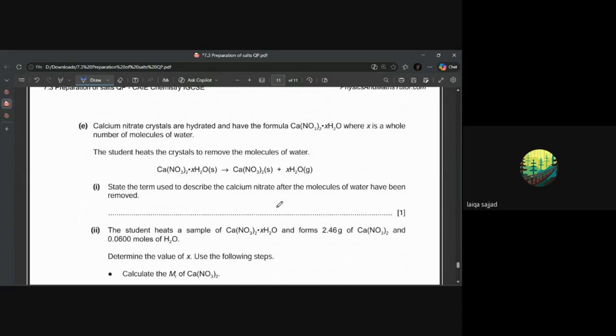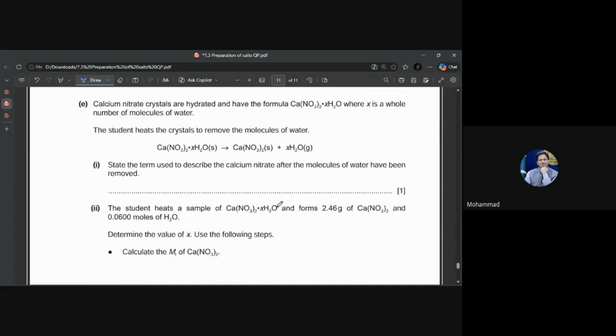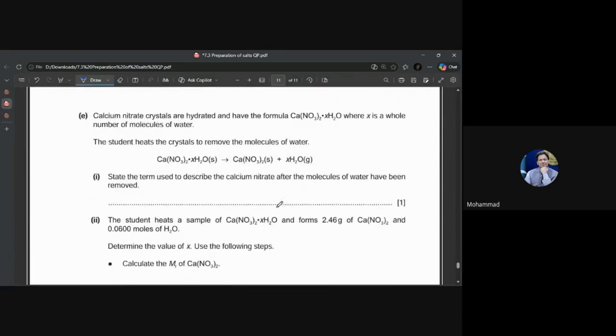State the term used to describe the calcium nitrate after the molecules of water have been removed. We only use two terms: anhydrous and hydrated. Hydrated is used when water is added, and when the water is removed, it is anhydrous. Very good. The term is anhydrous.